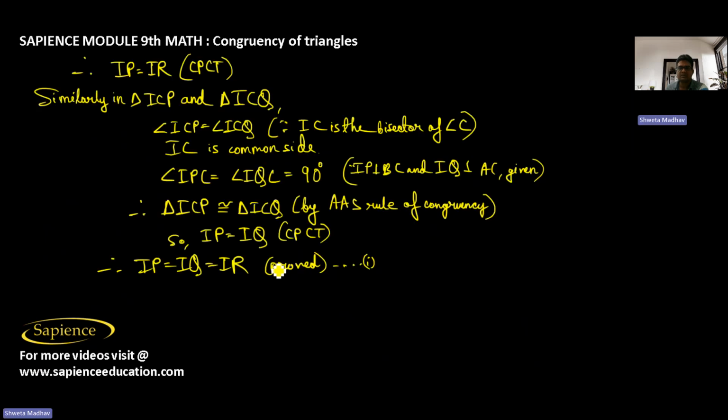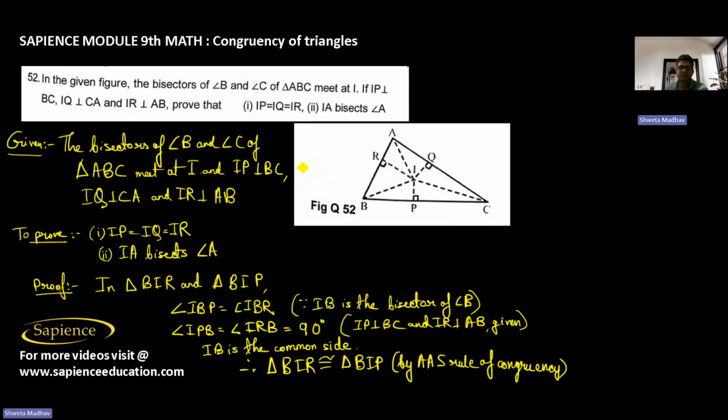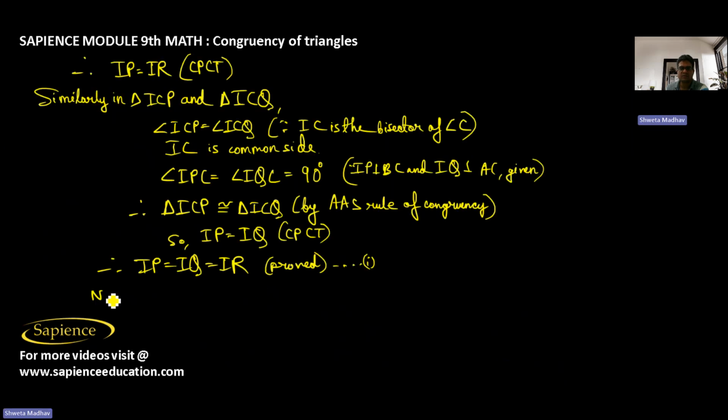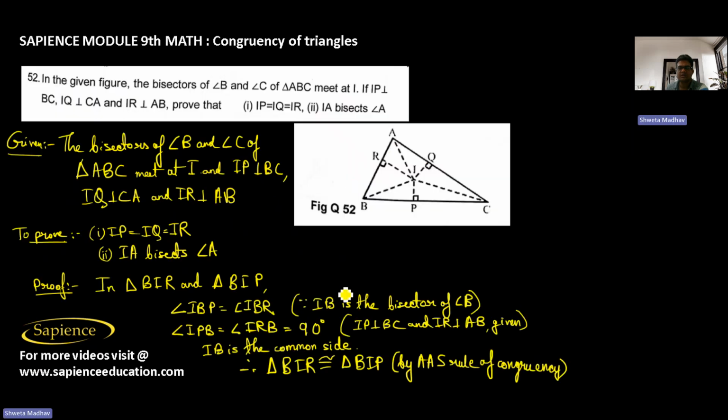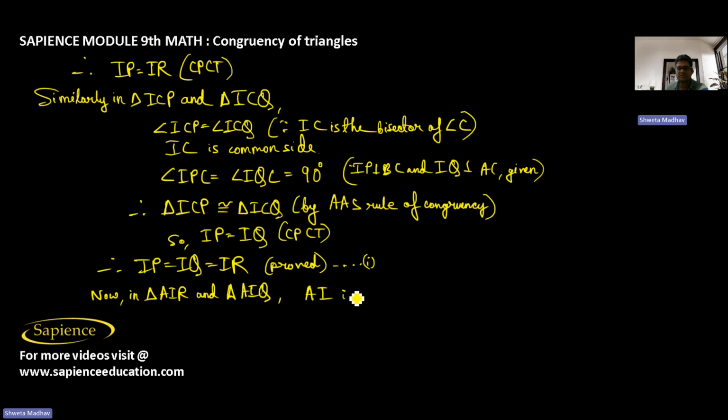And then we can take triangle AIR and triangle AIQ. Now in triangle AIR and triangle AIQ, we can see that AI is the common side.